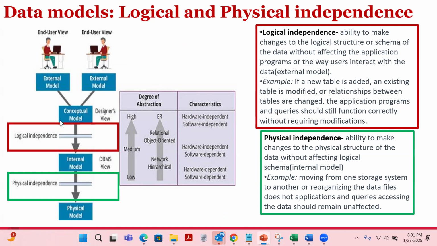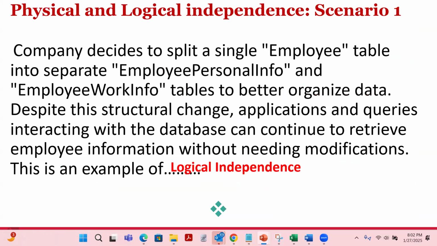And the programs that access the data sit on the conceptual model or up or down. So again, we're changing the internal model without affecting the conceptual model. That is going to be logical independence. And here's an example, pretty much very similar to the scenario we just looked at above. So that would be logical independence, okay?